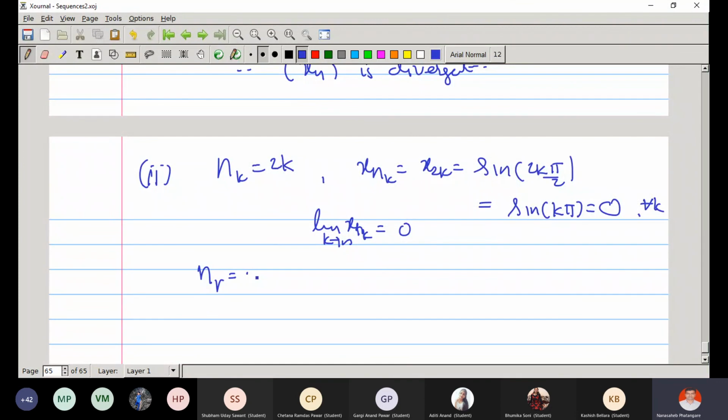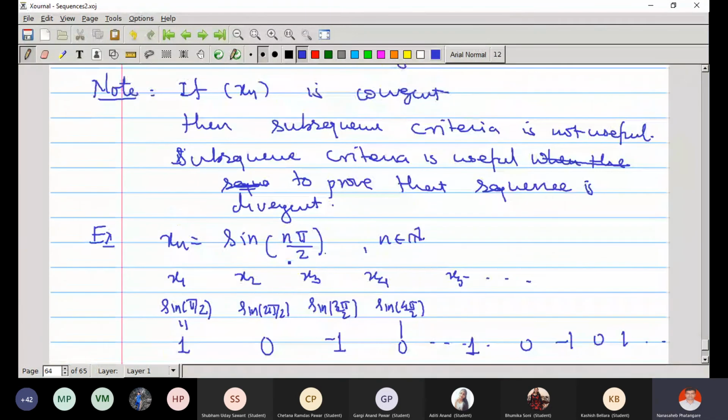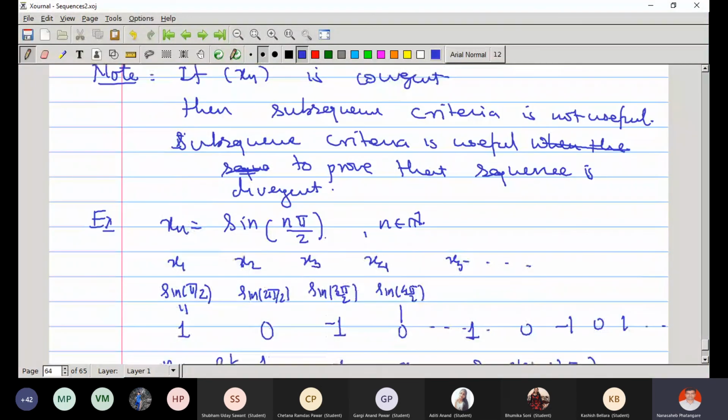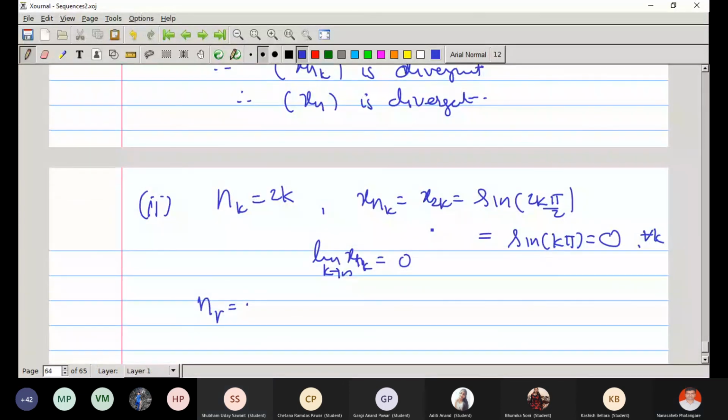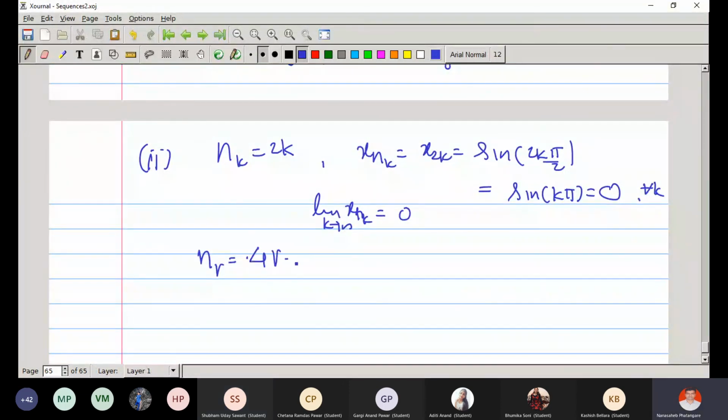We want the terms which converge to 1: first, fifth, then 9th. So what is the general formula? 4r minus 3. Right. And what is xnr now?